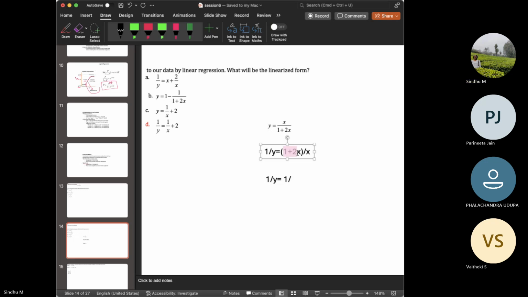This 1 plus 2x whole divided by x, we can write as 1 by x plus 2x by x. So this will become 1 by y equal to 1 by x, and this x and x will be cancelled, right?